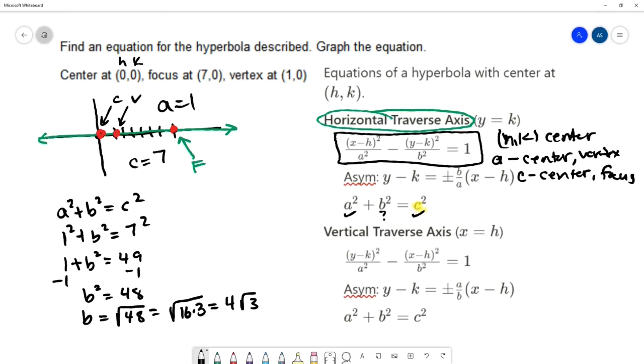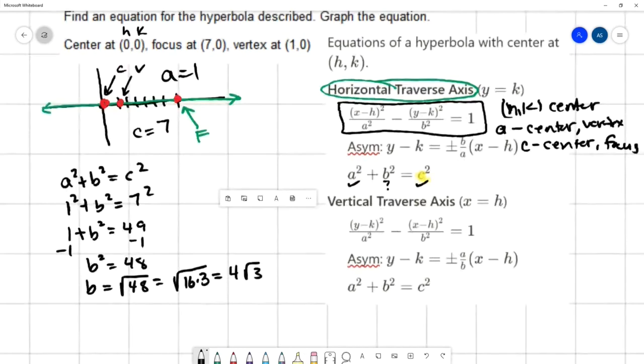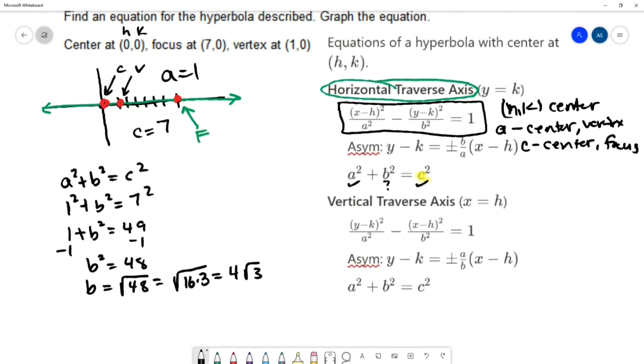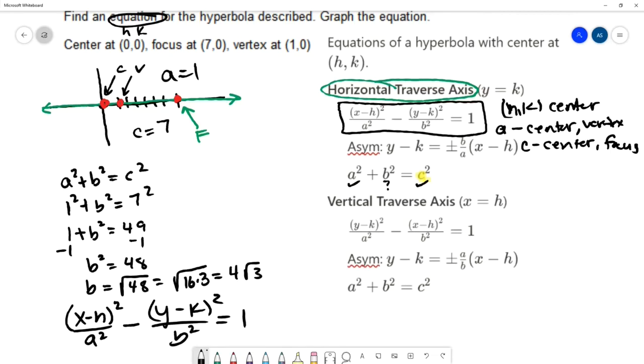So now that I know h, k, a, and b, I can write out the equation. That's the first part of this problem, finding the equation that has these properties. I'm using the equation (x minus h) squared over a squared minus (y minus k) squared over b squared equals 1.